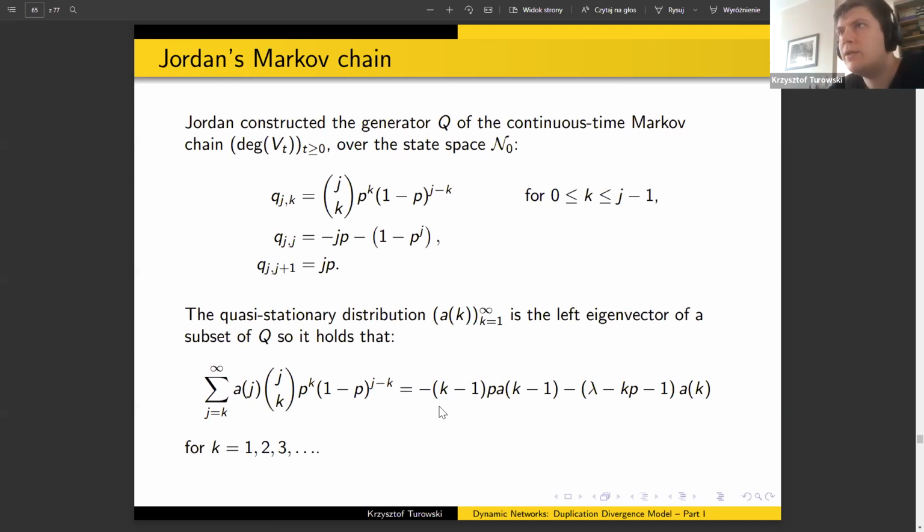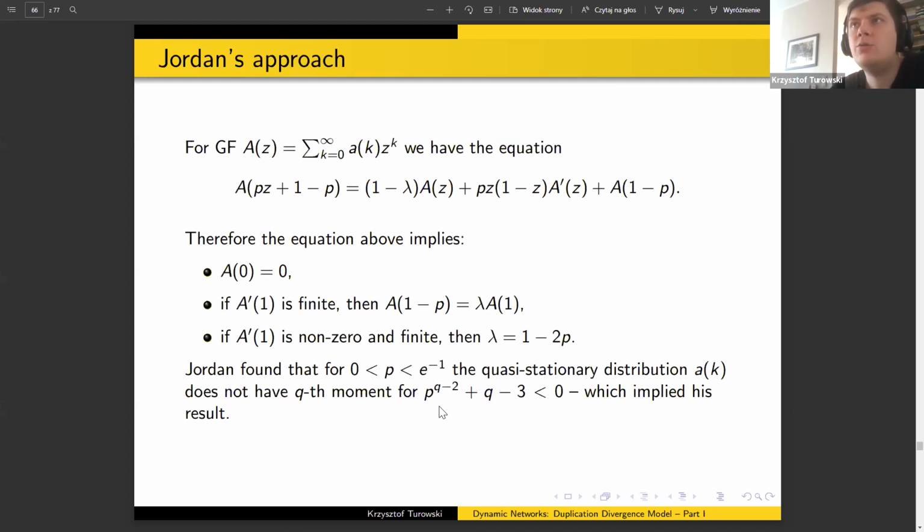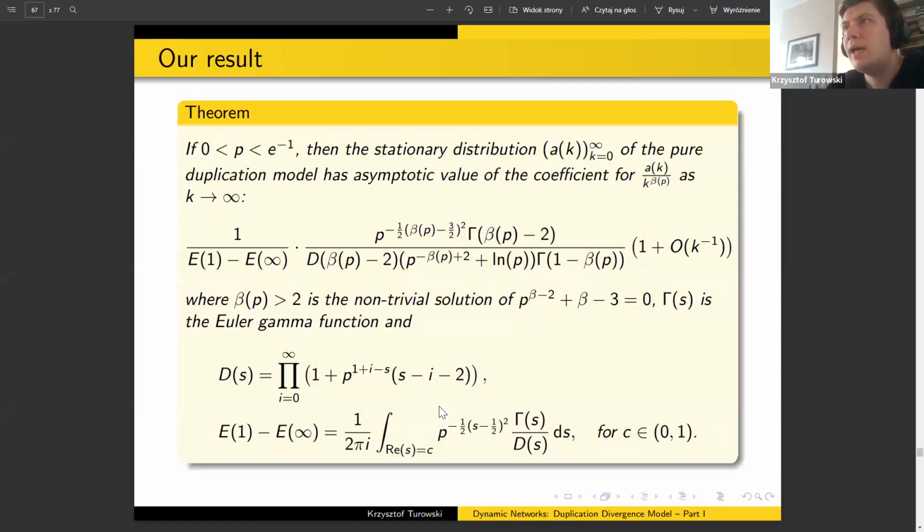And one more thing that he noticed is that he turned it into a GF equation, right? So we have generating function A, and we have the following formula. And from this he actually proved the theorem that I've just shown. But what we did, we basically took his equation, because it holds firm, and so this is the solution.